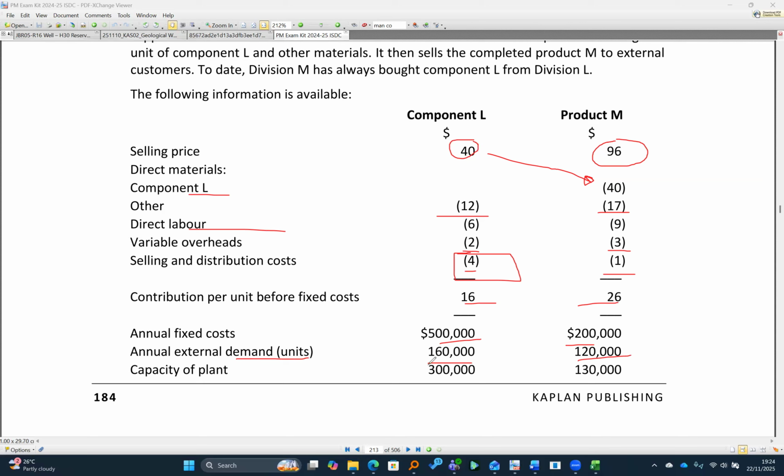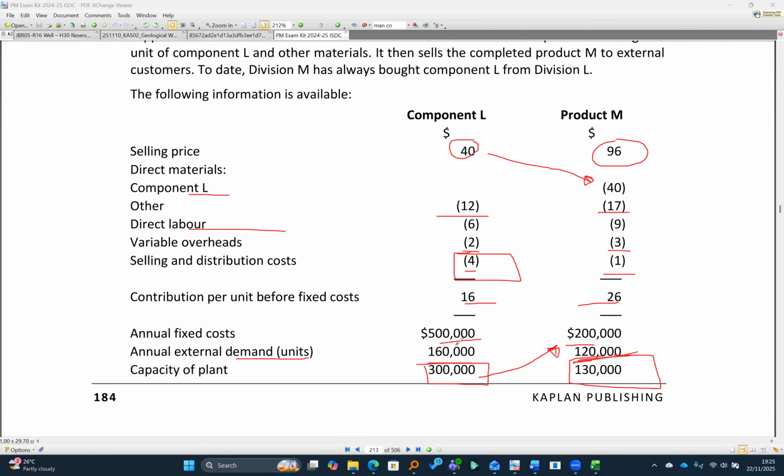And then the capacity is 300,000 and 130,000 for product M. It means that Division L can make 300,000 units. This one is 130. It can make 130, but it has demand of 120. So it means that they don't give it the entire 130, but rather 120. And if you give it 120, that means it remains with 180.